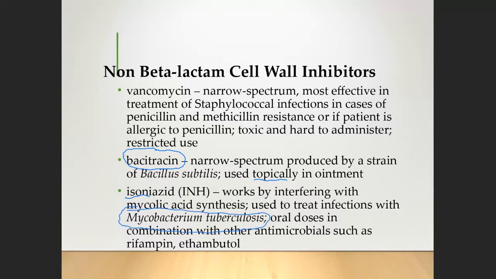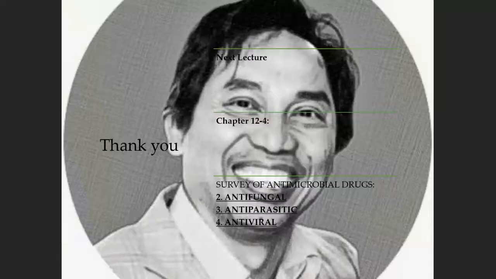Remember, Mycobacterium TB has a cell wall, but it is a special cell wall, different from the cell wall of gram-positive and gram-negative bacteria. So it has a different type of cell wall. I think that's all for antibacterial drugs.